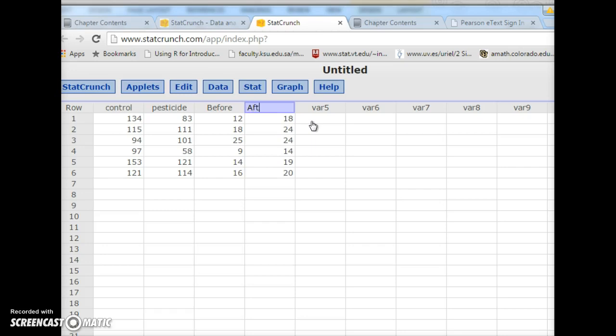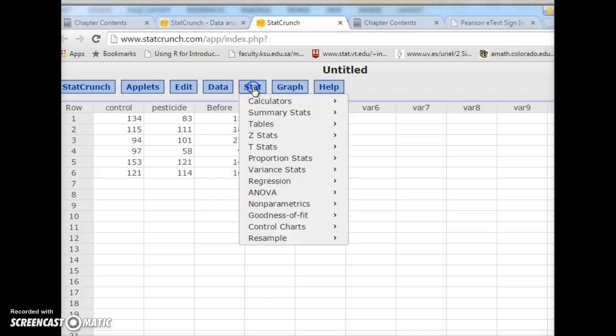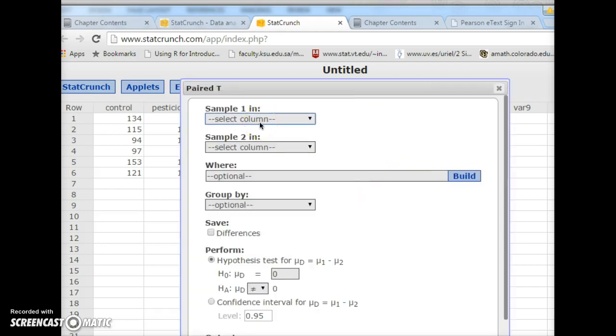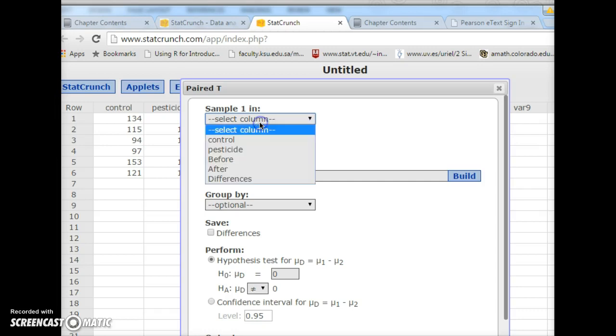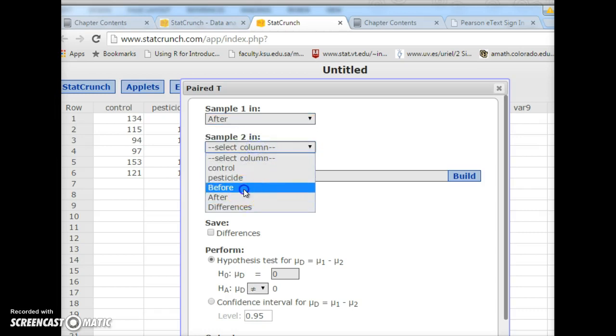You don't have to label these, but it's easier to distinguish what the columns are. So I go to Stat again, and I go to T-test, but this time I want paired. Our point is we want to see if the sales increased after the course they took. So we're going to put sample 1 as after and sample 2 as before.